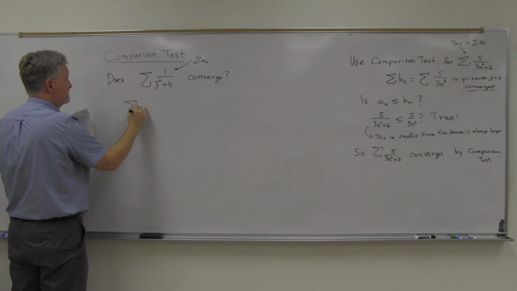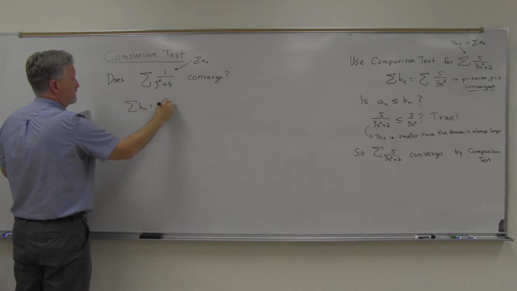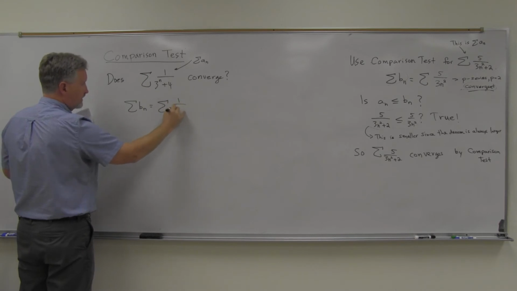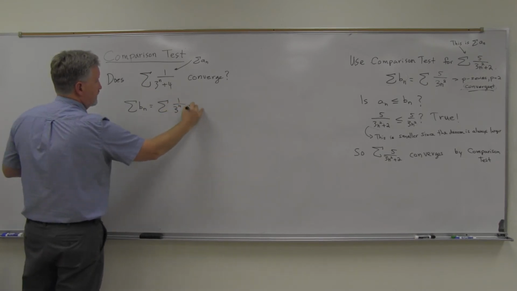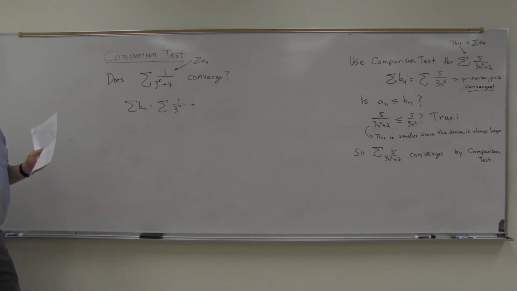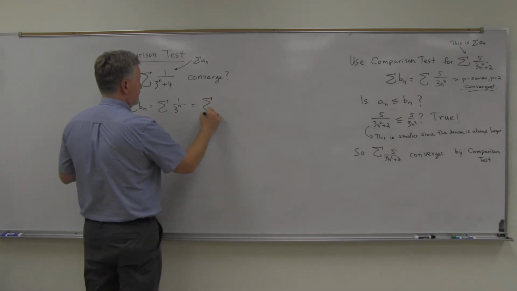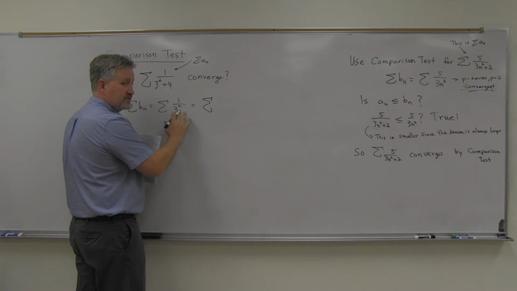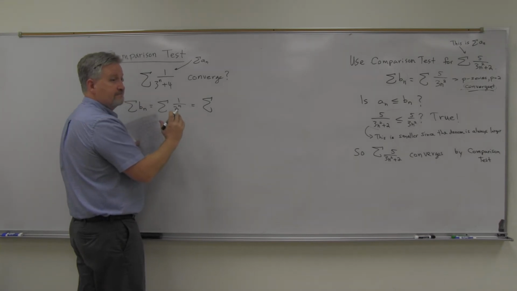And so my B sub n, again, just make that series with the leading terms, 1 over 3 to the n. What is that? Again, if you've got the n in the exponent, that's exponential, geometric.